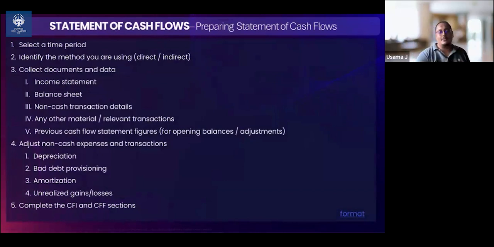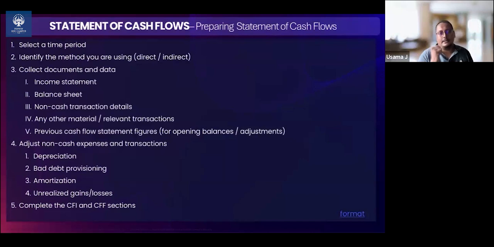How do you prepare the cash flow statement, therefore? We saw how the income statement gets prepared. We saw how the balance sheet gets prepared. Now we are going to see how the cash flow statement gets prepared. We select our time period. We distinguish between the methods that we are using, whether it's the direct or the indirect method, right?